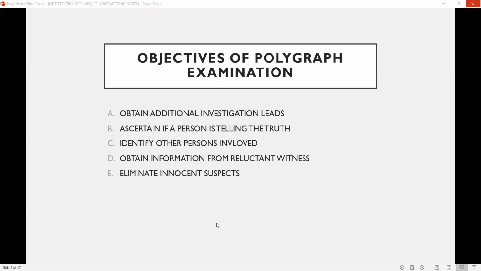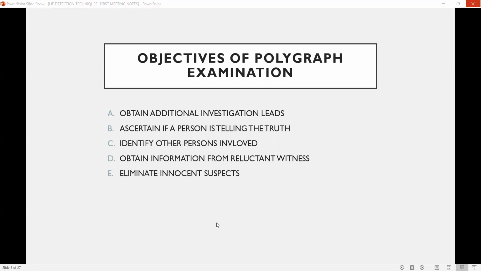We have here the objectives. Objectives meaning goal. The goals of a polygraph examination. During a polygraph examination, the polygraph examiner, the polygraphist or forensic psychophysiologist, will ask questions to the subject, either relevant or irrelevant questions, following the general questions test.